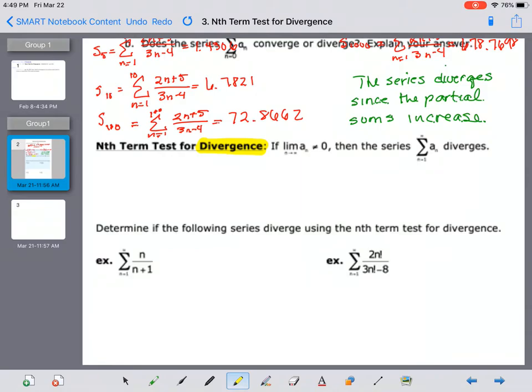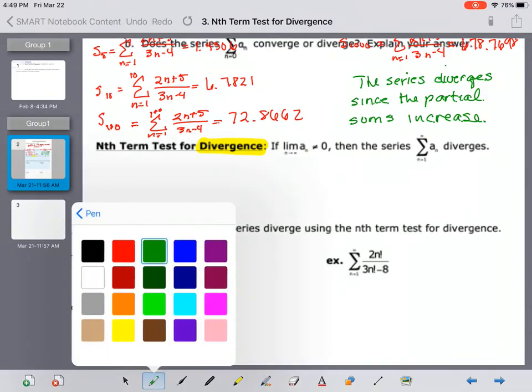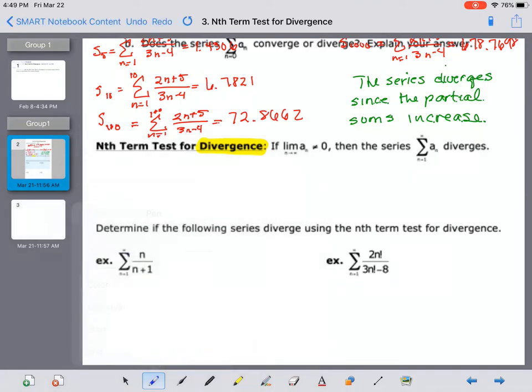That's important, so let's write that down really quickly. Okay. If the limit as n approaches infinity of a sub n does equal 0, the test is inconclusive.